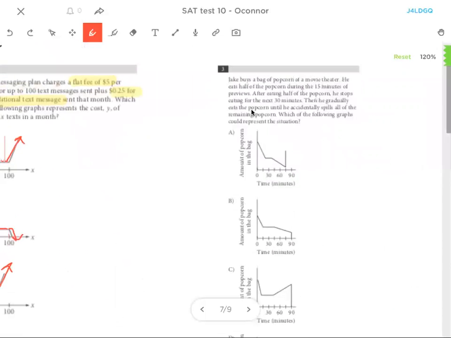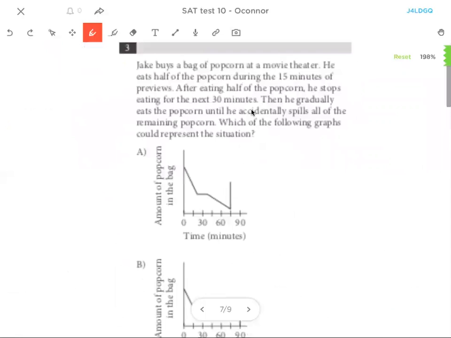All right, problem number 3. Let's see. Jake is eating popcorn. He eats half of the popcorn during the first 15 minutes. Then he stops for the next 30 minutes. So the amount of popcorn he's eating is going down. Then he stops, so it stays the same amount.